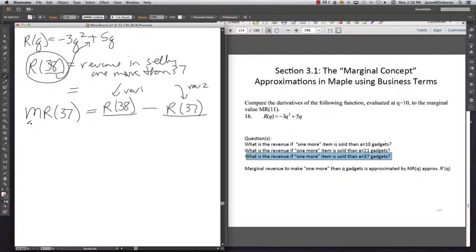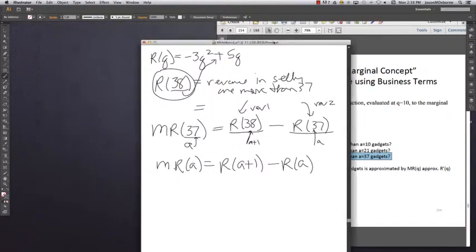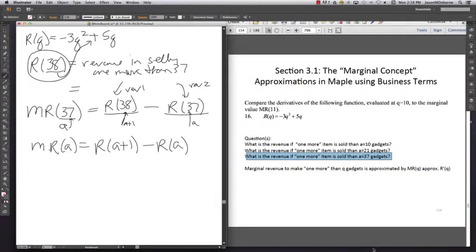So this is the special case A. Here's your A value, this is A plus 1, and here is A again. So the marginal revenue for selling A gadgets is the revenue to sell one more minus the revenue to sell A gadgets.